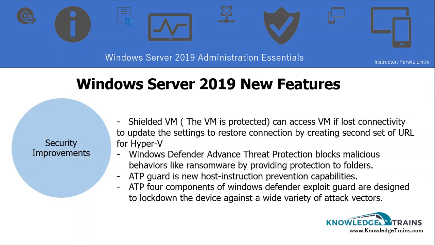Windows Defender is another great thing. Advanced Threat Protection is another great thing. So Windows Defender, Advanced Threat Protection, they are basically the same. So in most of Windows 10 machines that you have these days, you will see that you have Windows Defender there.